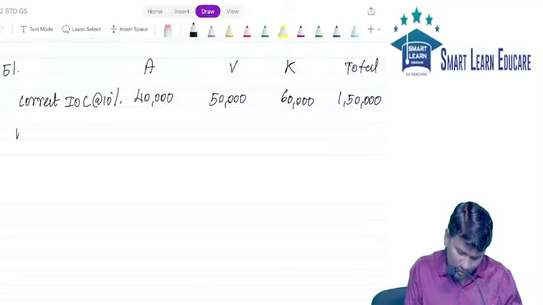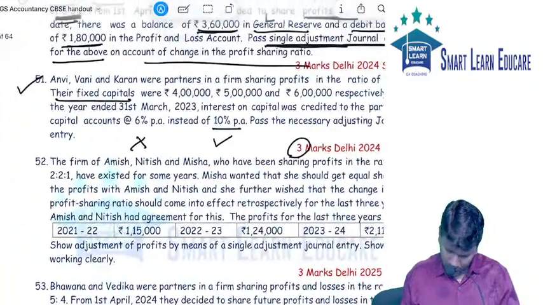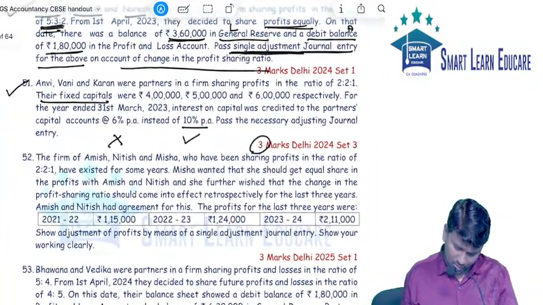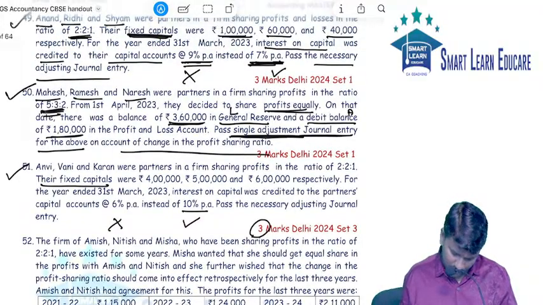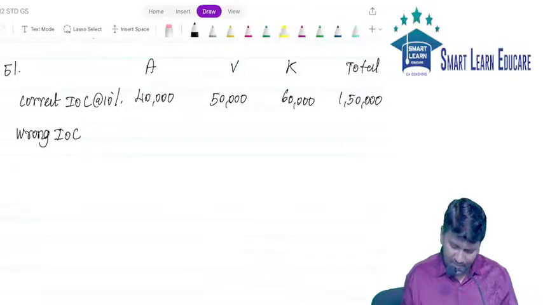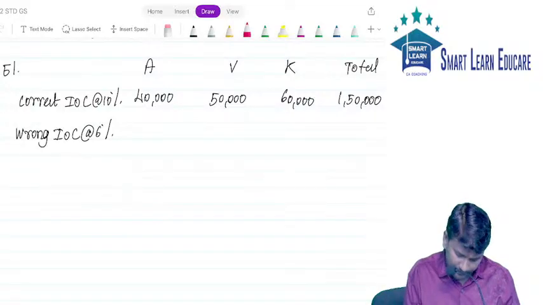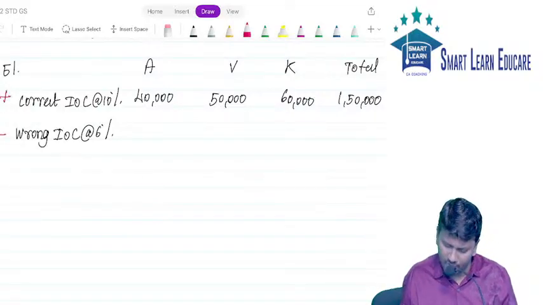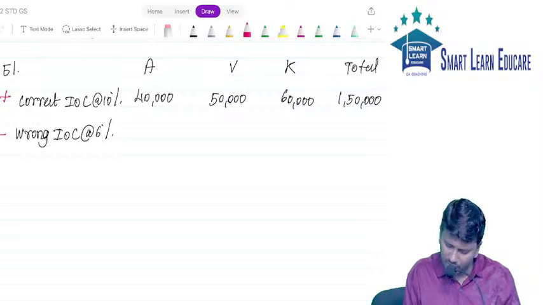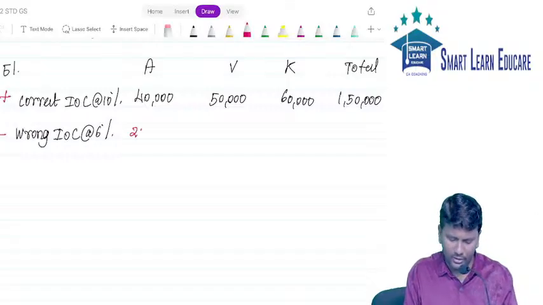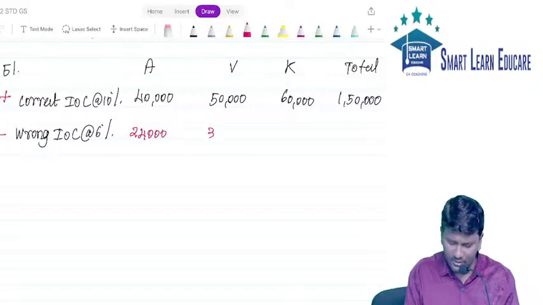Now the wrong order, reversal, wrong IOC. What is the wrong IOC? It is 6%. We have given less. Wrong should be subtracted, correct should be added. Wrong IOC at 6%: 4 lakh into 6% is 24,000, 5 lakh into 6% is 30,000, 6 lakh into 6% is 36,000.